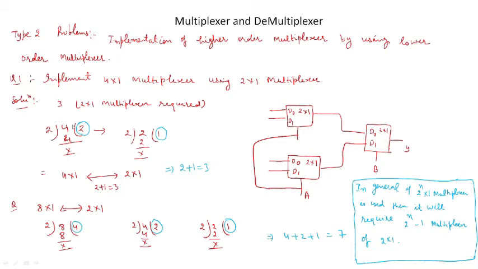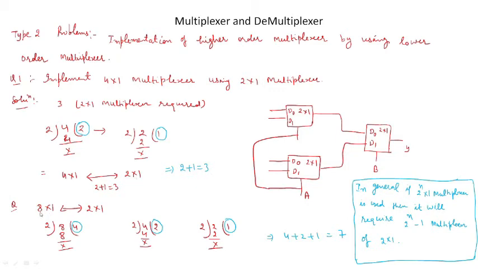So first we will divide 4 by 2, so we get 2. So we will write this 2 here, then we will divide this 2 by 2 again, then we get 1. Now when we get output 1, then we stop. So the total number of multiplexers here will be 2 plus 1, that is equal to 3.